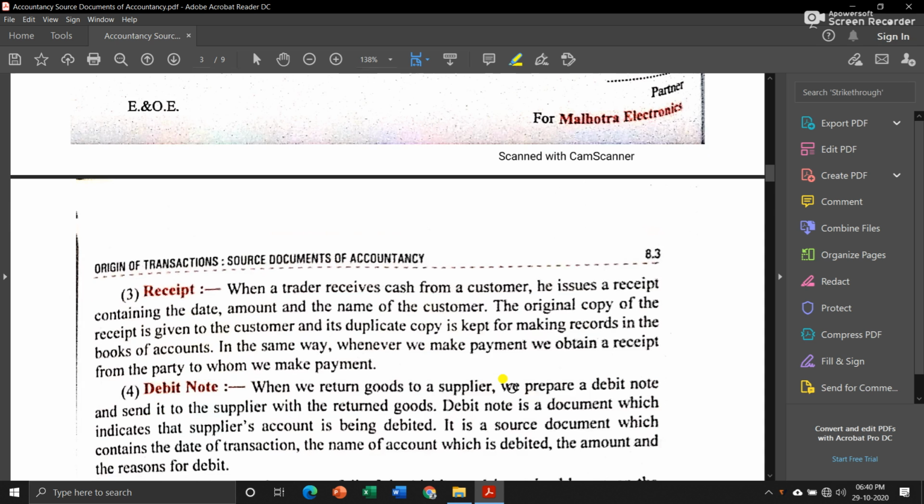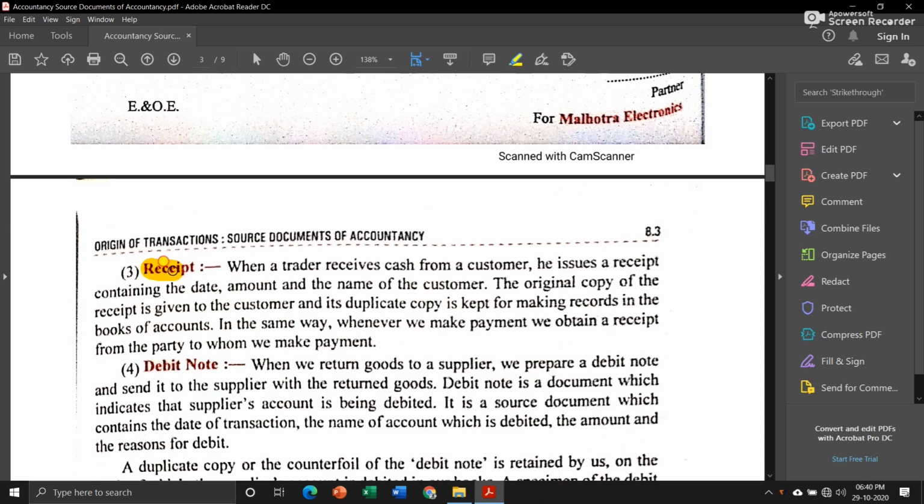Now the next source document is the receipt. When a trader receives cash from a customer, meaning if you have made any credit sales and later that customer is paying you cash, or you are receiving cash for anything from a customer, then you will issue a receipt, and in that receipt you will mention the date, amount, and the name of the customer who has given you cash.